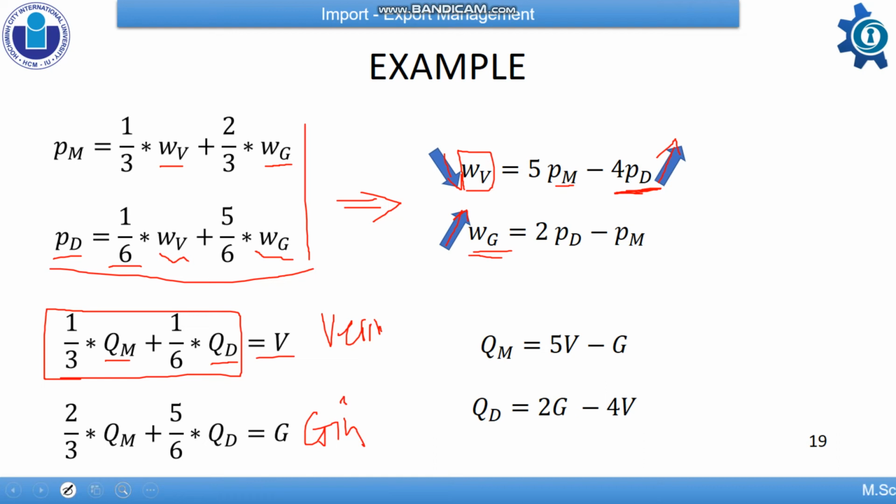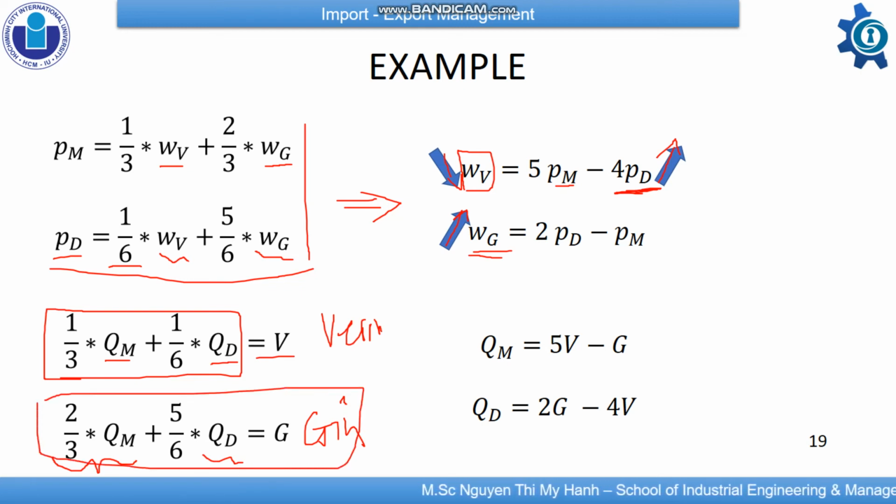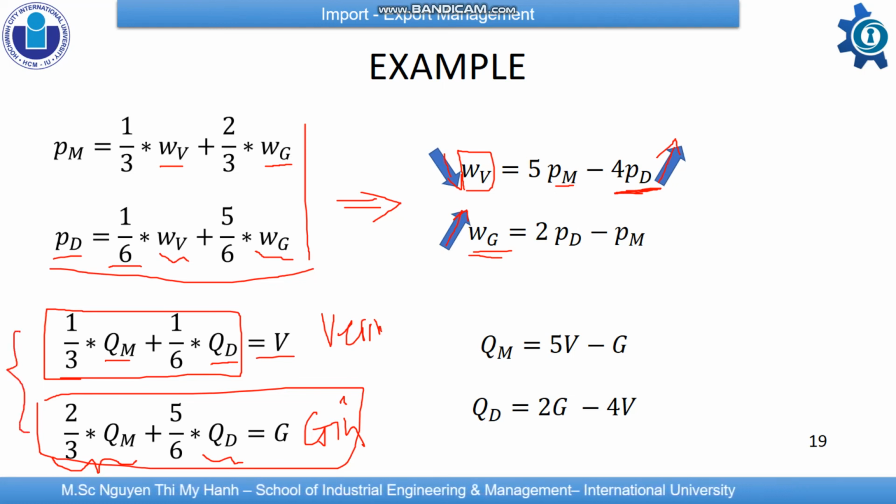For the gin constraint, we have the total gin they need to produce QM regular martini and QD dry martini. So we have this formula, and based on this constraint we can calculate the intersection between them.